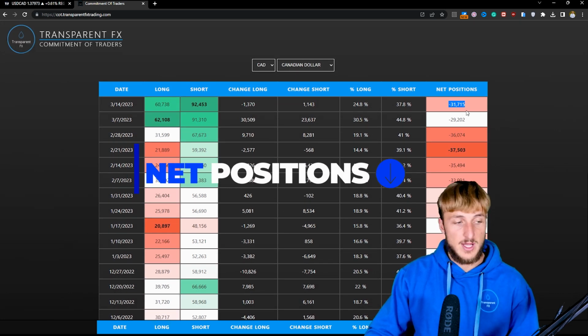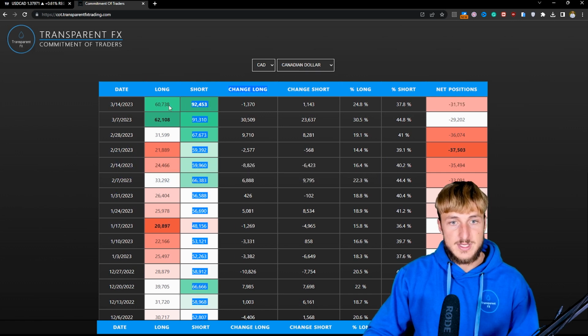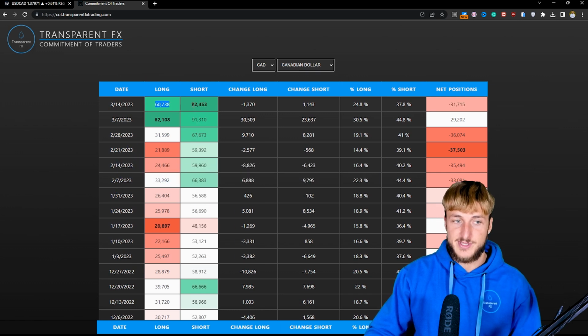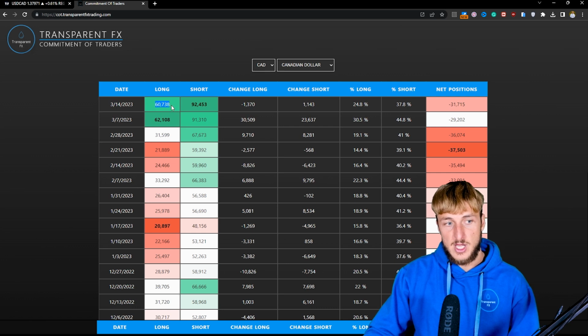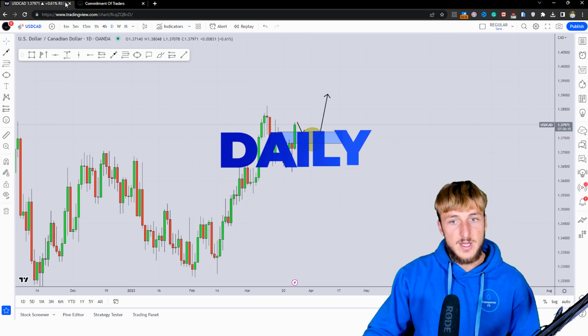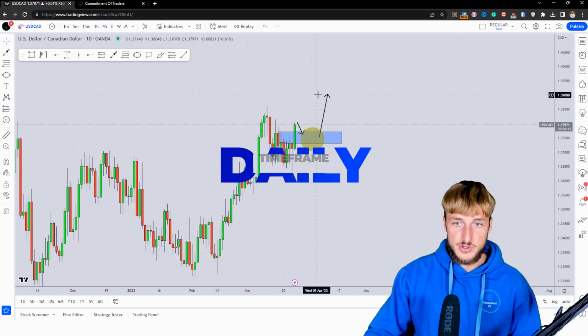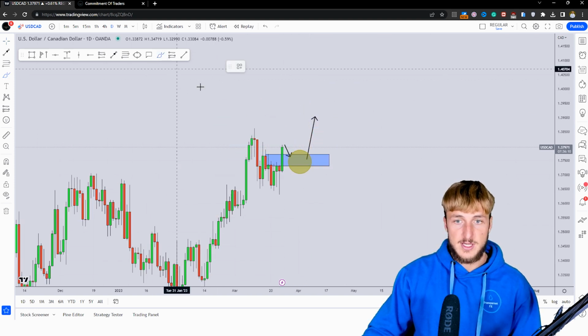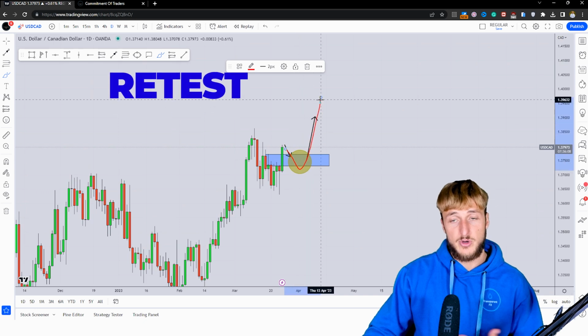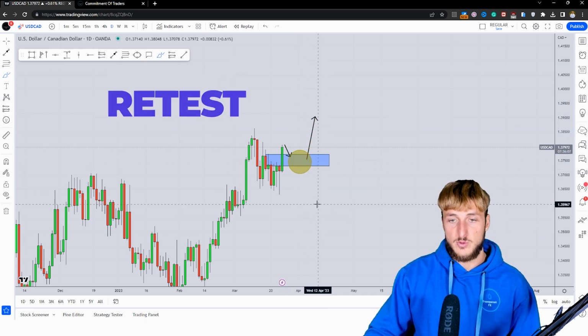So a negative net positioning with more shorts than longs on the institutional side of the market, 92k shorts compared to only 60k longs. This makes the CAD weak, which makes USDCAD strong, increasing the probabilities that if we get a retest of this support, the market could get rejected to the upside.